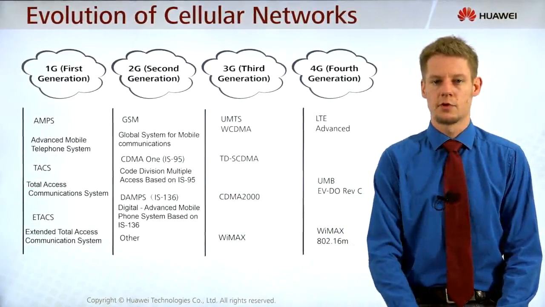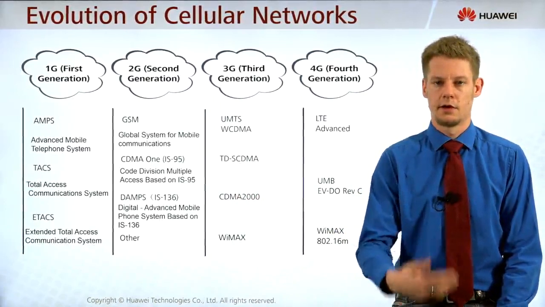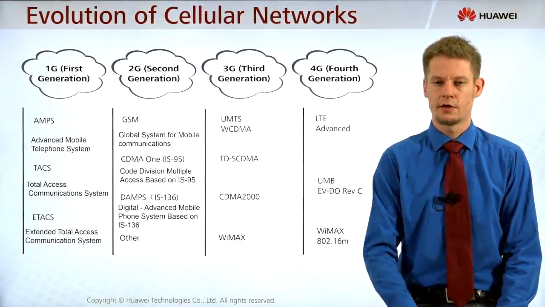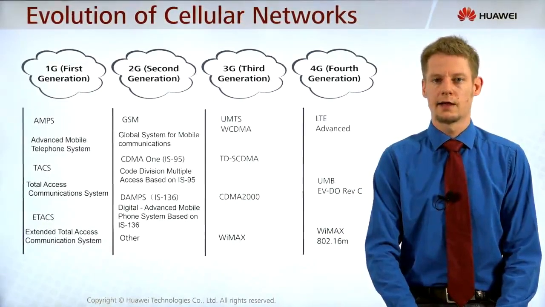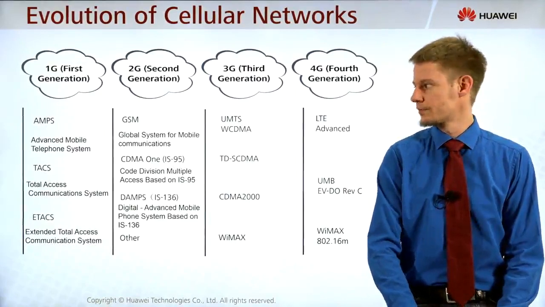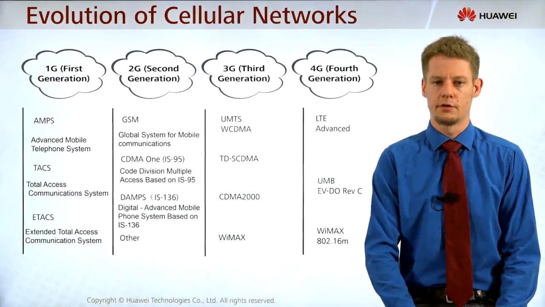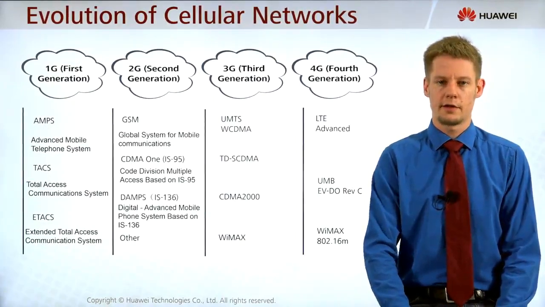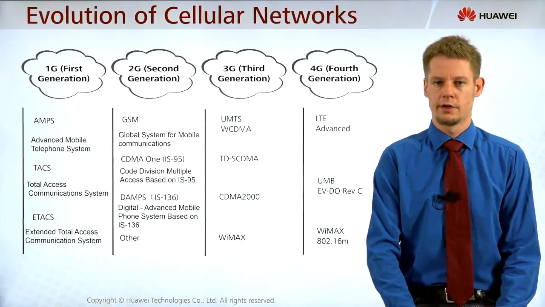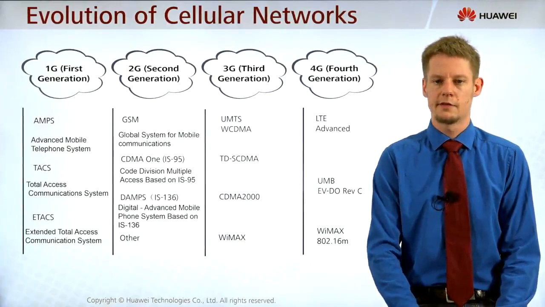The third generation mobile networks had as a largest advantage, they had a higher data throughput. Customers were asking more and more for data services, and this means that, for example, UMTS was designed to have more data throughput.